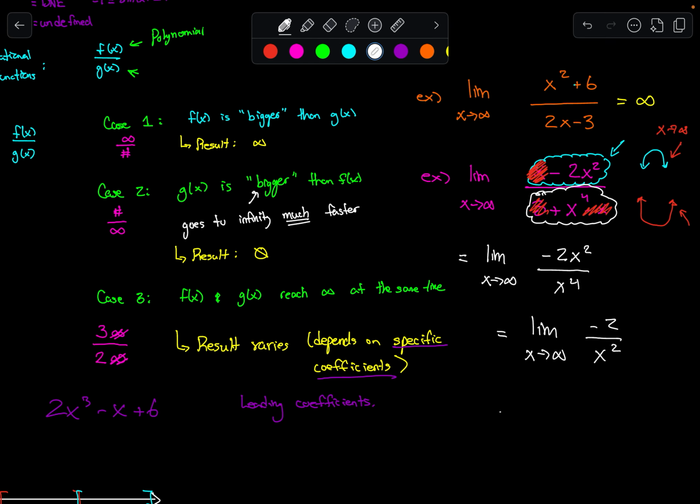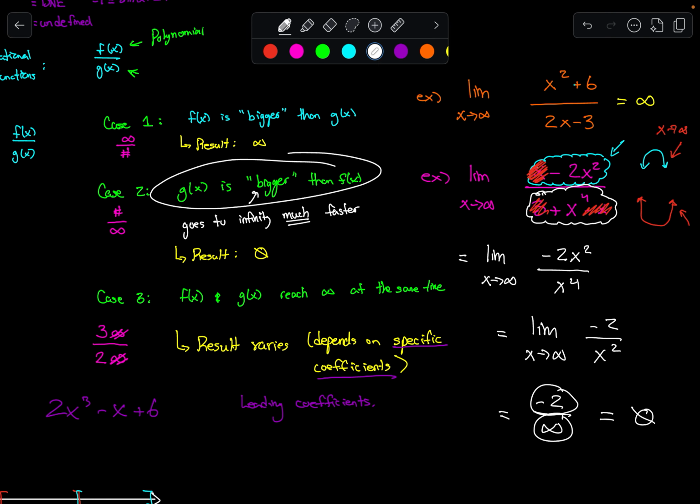Now let's pop in infinity. I'm going to get negative 2 over infinity squared, which is just infinity. And here again, I have some number over infinity, that's just going to go to 0. So in this particular case, we're going to get 0 out, where the denominator is bigger than what we had in the numerator.